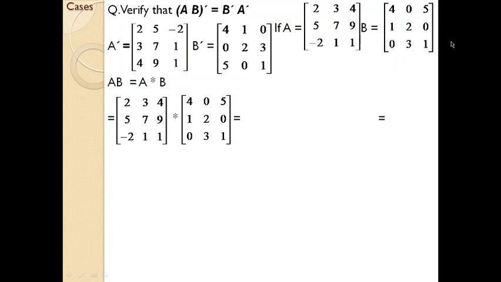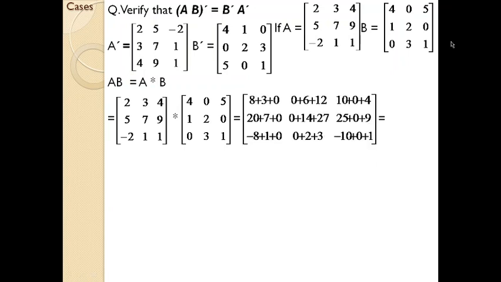By multiplying these two matrices and following the steps required for multiplication between two matrices, you will get a large matrix like this. I hope you know how to find this step. By solving this one, you will get a new matrix. So now you got the product of A and B matrix. A and B means this one.